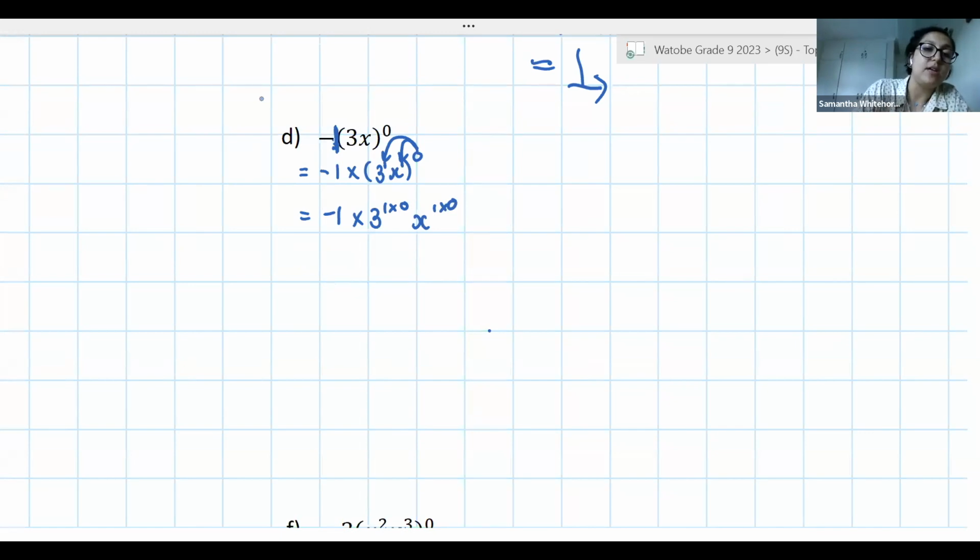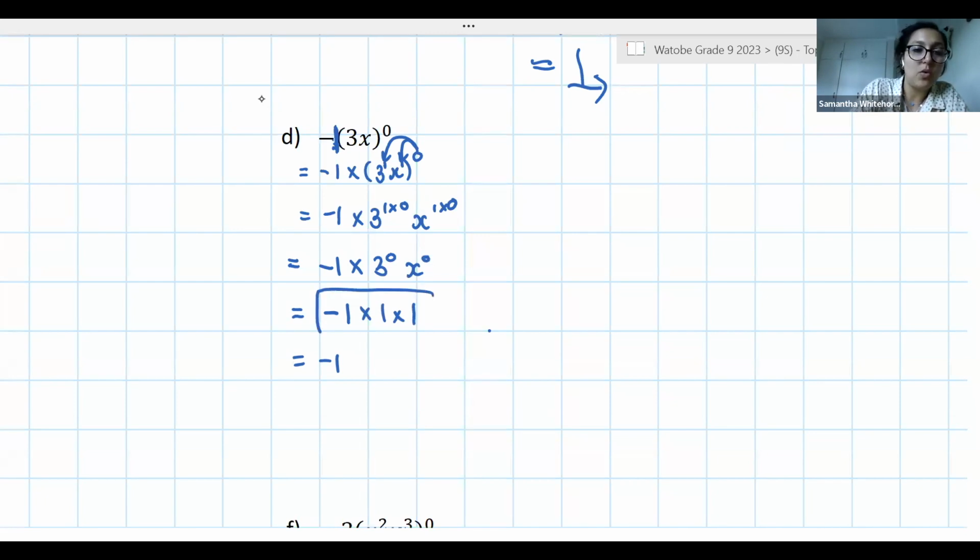And then once again, we know that anything to the power of 0 is 1. So we've got -1 times 3 to the power of 0, x to the power 0. So what we actually have is -1 times 1 times 1. And so all of those multiplications end up with a -1.